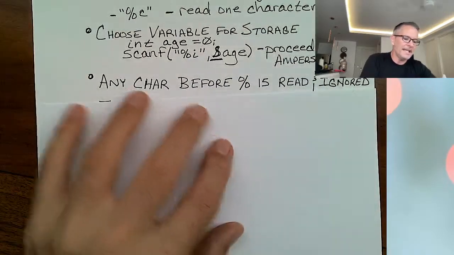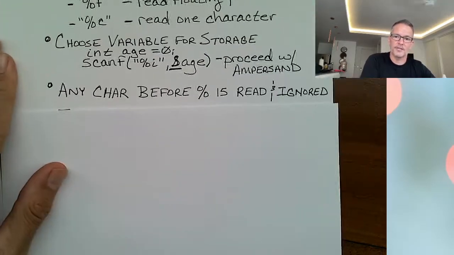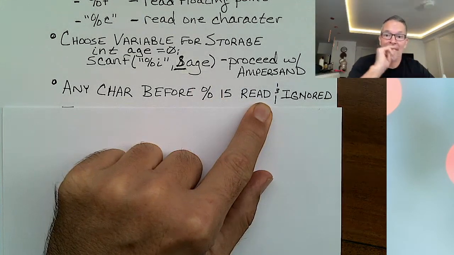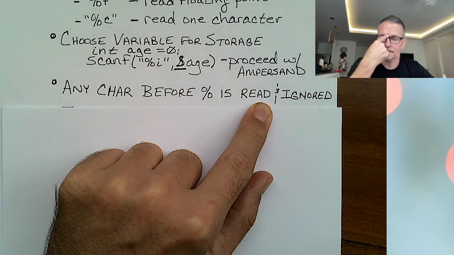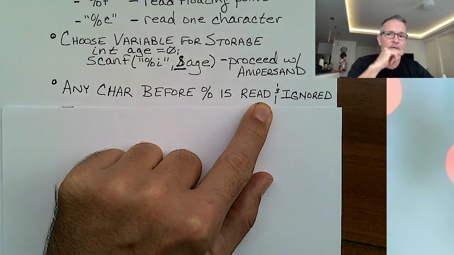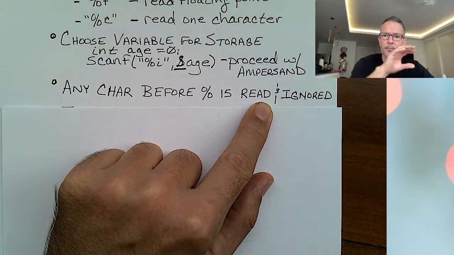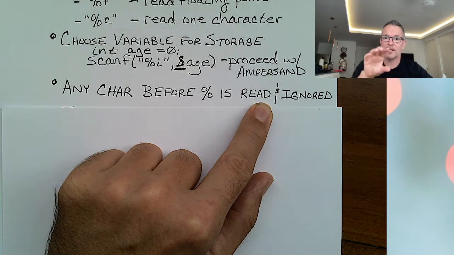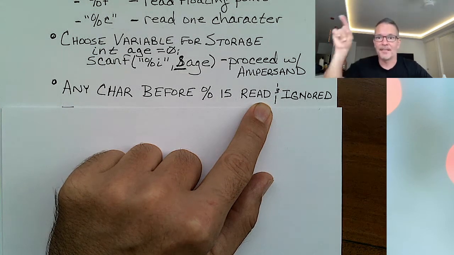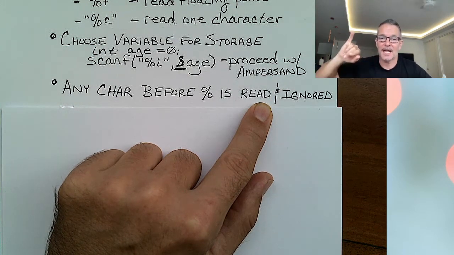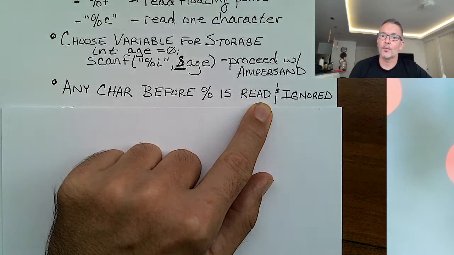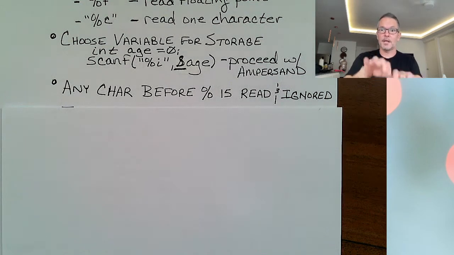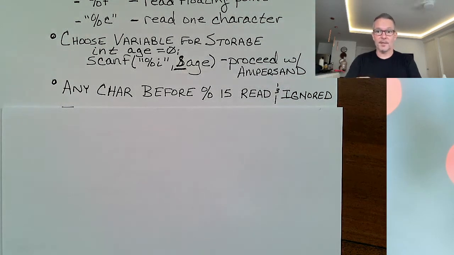All right. Any character that appears in the format string before the % is simply matched, read, and ignored. So if you wrote in the format string, my name is Josh, what is my first initial, and then put a %c, the program would be looking to read from the keyboard that the user typed, my name is Josh, what is my first initial?